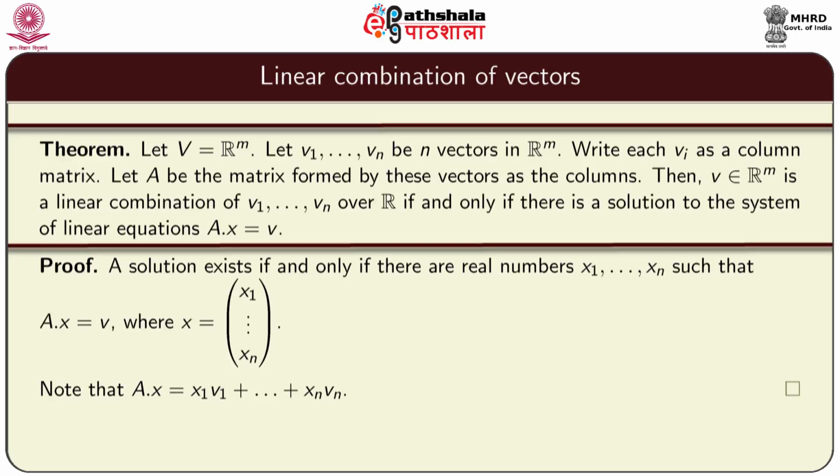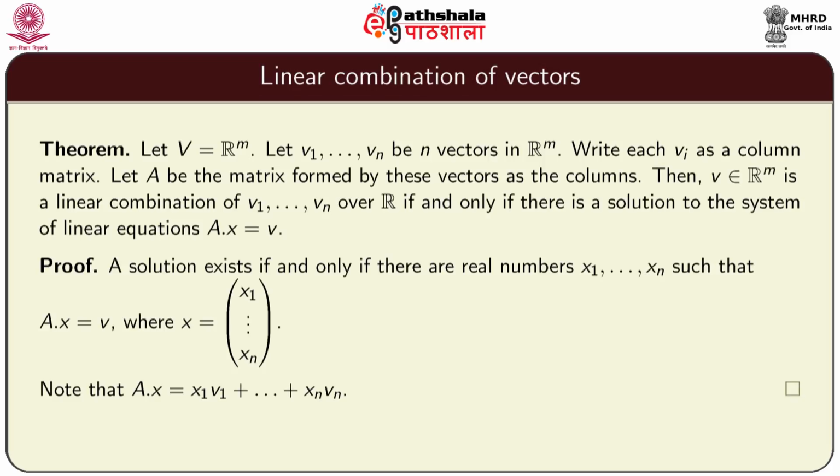Therefore, there will be m rows and n columns. Now, the statement is that a vector V in Rm is a linear combination of V1, V2, ..., Vn over R if and only if there is a solution to the system of linear equations A x equal to V.